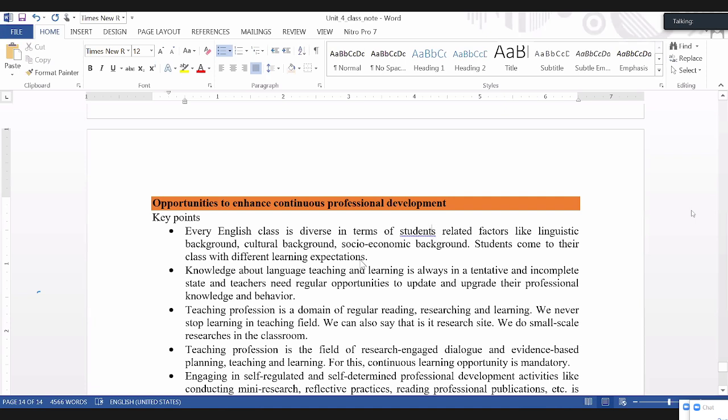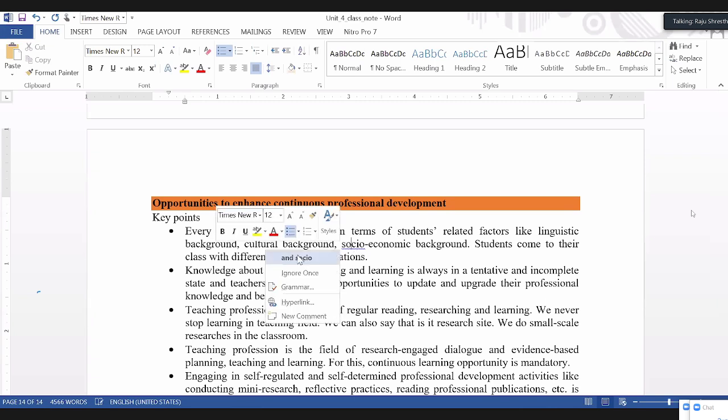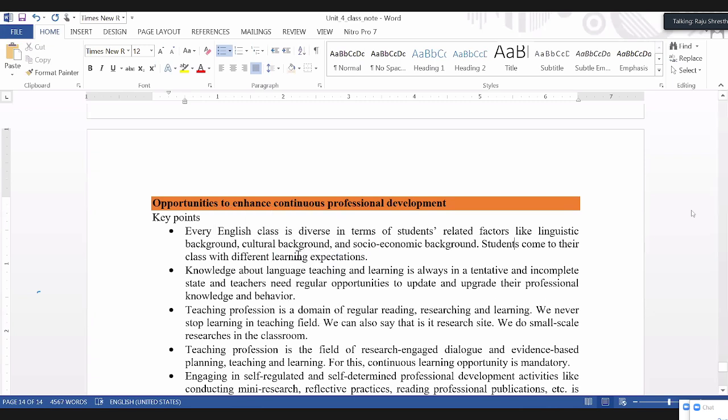So students come to class with different learning expectations and different biographies. They have such different learning expectations, and different biographies.